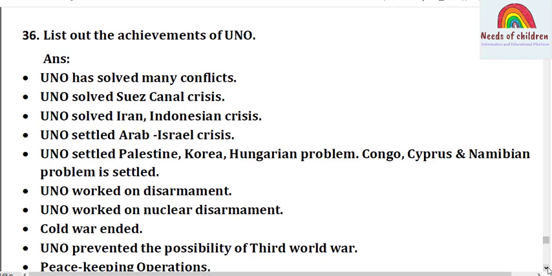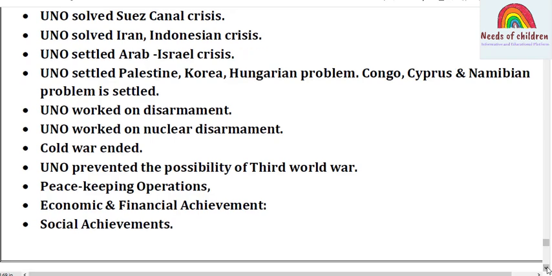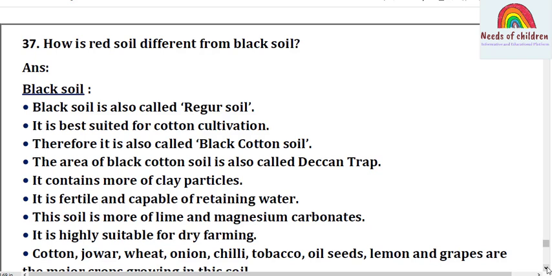UNO worked on disarmament, including nuclear disarmament. During the Cold War, UNO prevented the possibility of a Third World War. Peacekeeping operations, economic and financial achievements, and social achievements. So these are the major achievements of the UNO.